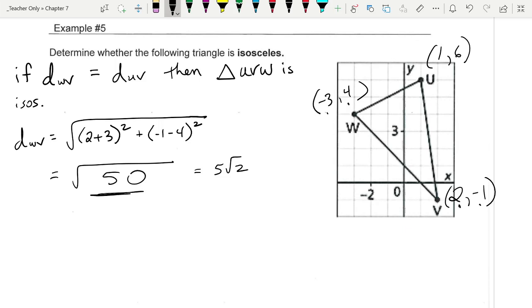So now, if UV doesn't give me the exact same number, then this is not an isosceles triangle. So let's see. From U to V now, negative 1, or sorry, 2 minus 1, plus negative 1 minus 6.